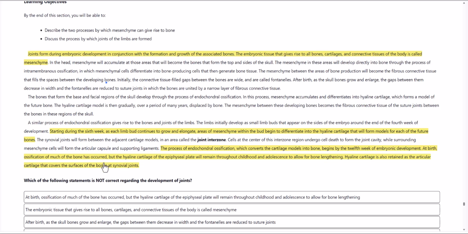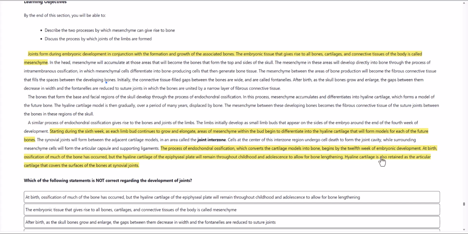And at birth, you know that many of the bones have certainly not reached adult length, so we still have hyaline cartilage in the epiphyseal plate. We continue to elongate the bones through that endochondral ossification process, and sometimes at adolescence into early adulthood, that epiphyseal plate becomes the epiphyseal line, and the hyaline cartilage of the growth plate is lost.